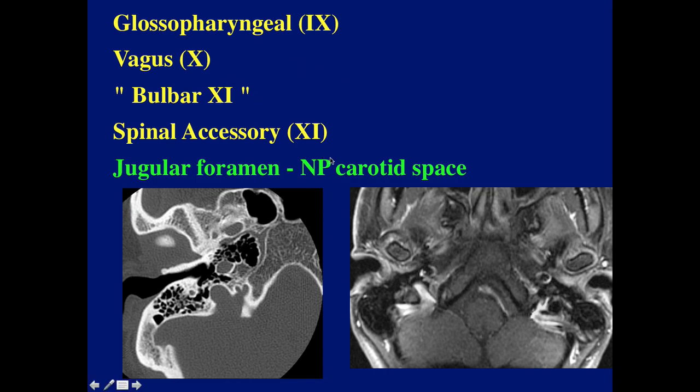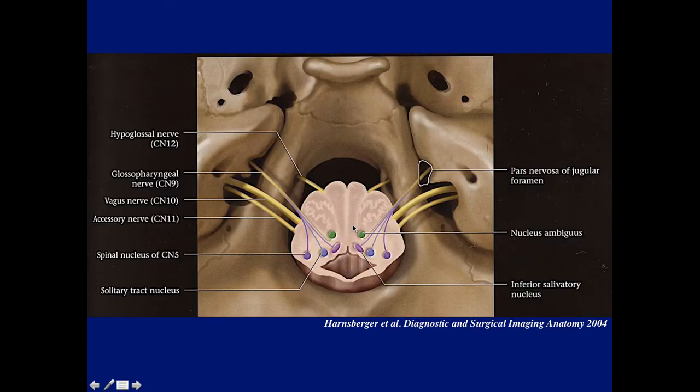So again, we're dealing with the glossopharyngeal, the vagus, and the bulbar 11, which I'll talk about in a minute, and the spinal accessory 11 in the jugular foramen. And also I want to talk about the nasopharyngeal carotid space. Now if we look here in this diagram, here we see the region of the jugular foramen.